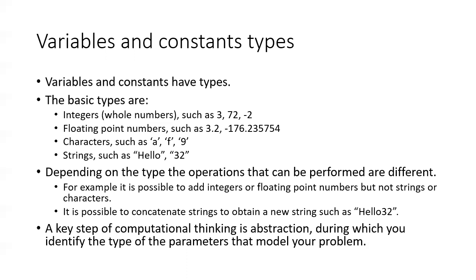We can use numbers for calculations, for mathematics, in which case they're stored as integers or floating point. But if we're not going to use them for mathematics, we'll store them in a string, which is more than one character, or as an individual character, which we usually call char, short for character. But these we can't do mathematics on, okay?